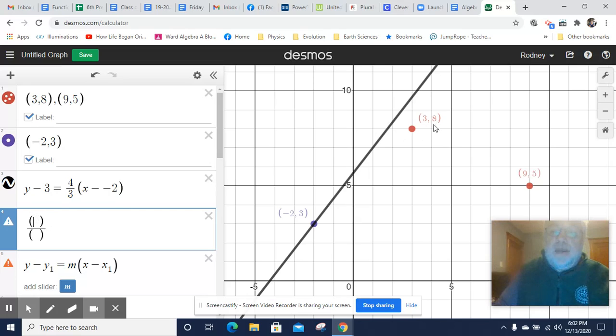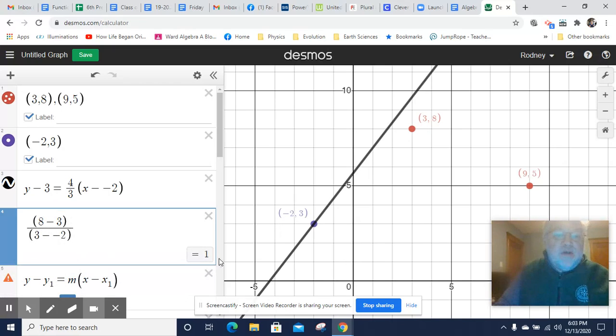So I'll pick the 3/8 point. That'll be the beginning of my subtraction. So 8 is the y value and 3 is the other y value. So 8 minus 3. And then I'm going to look at the x's. So I'm going to have to start with the same point. Otherwise, I'll get the opposite slope. So 3 minus negative 2. And I end up with a slope of 1.